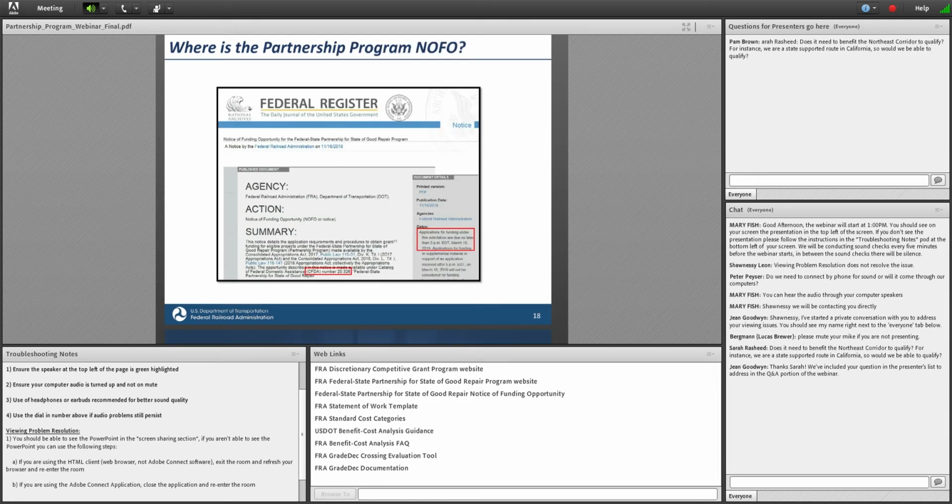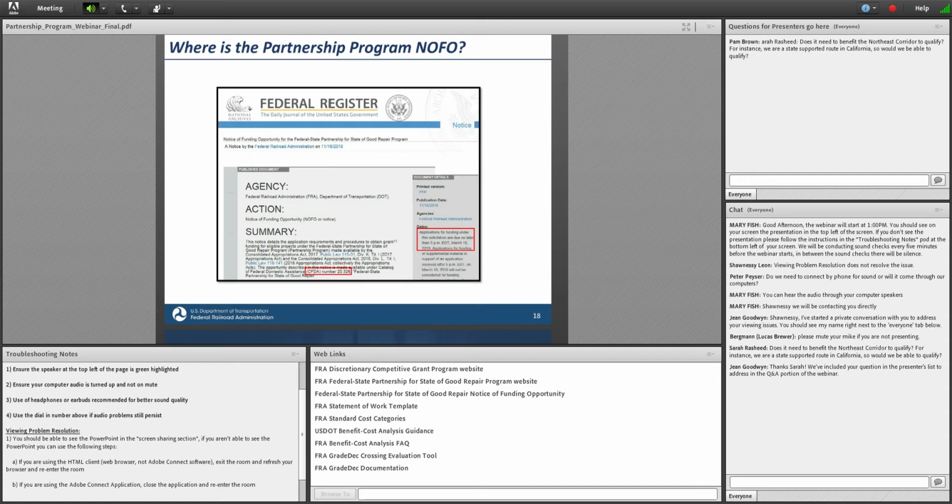So as you go and you look at the Federal Register, you can see again that this announcement was published on November 16th. We have a fairly long application period, but do note that applications are due on March 18th, and that's very strict at that time frame. If you submit your application a minute after 5, it will not be reviewed.